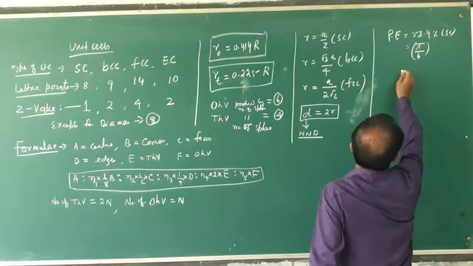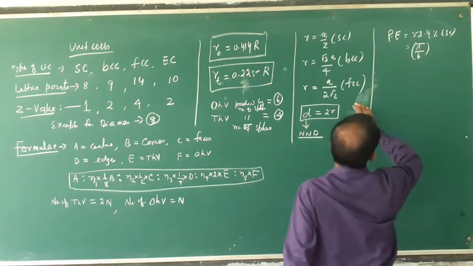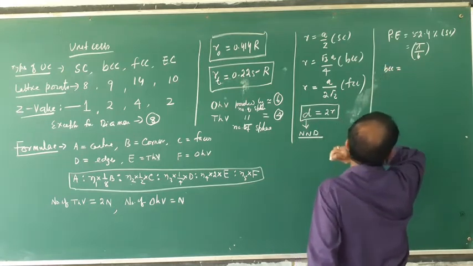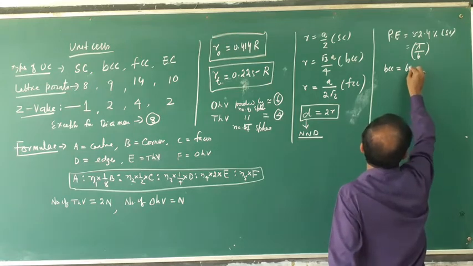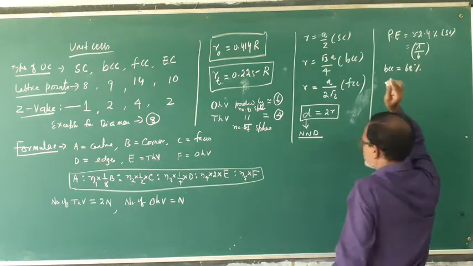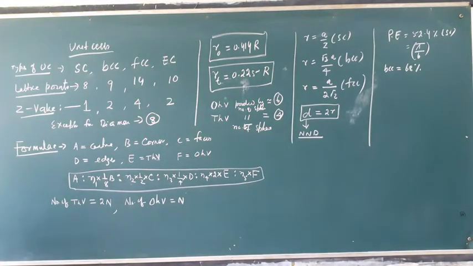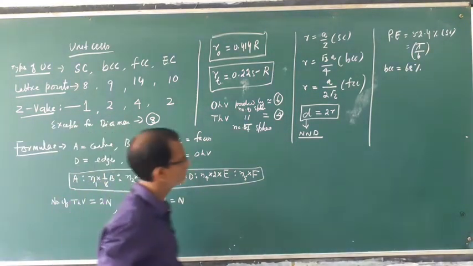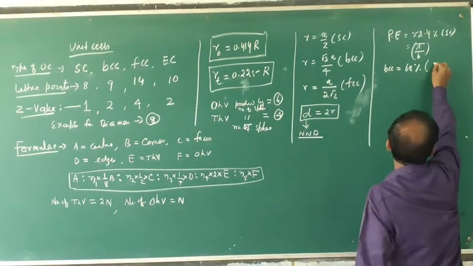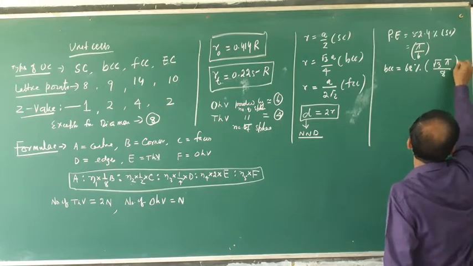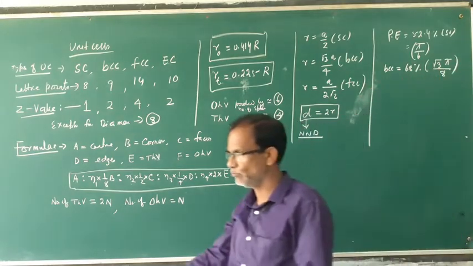For BCC, how much is it? 68%. In the form of pi, it is root 3 pi by 8. Very important. This is using pi.